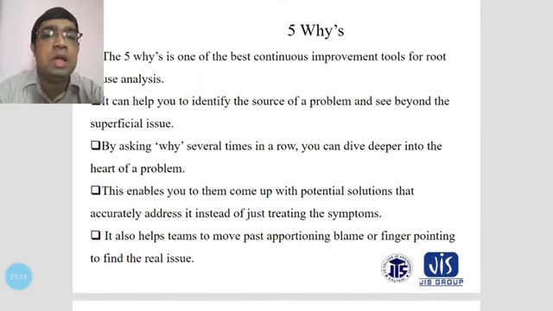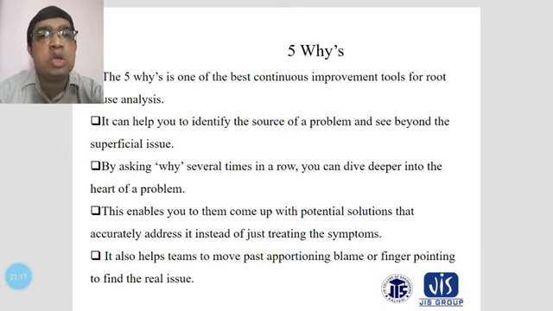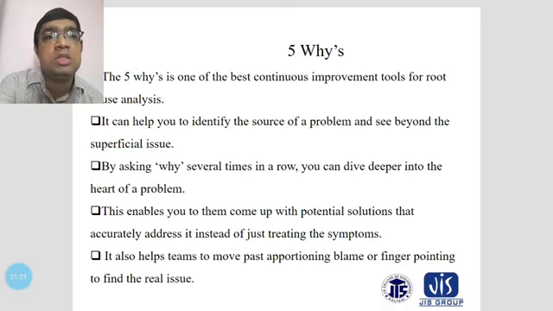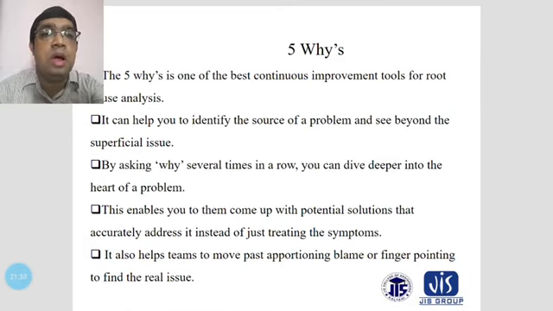Basically it helps solve the problem, and it identifies the source of the problem, where the problem arises, and how the problem comes about in our company, in our production units. It will quickly identify these problems, and also see beyond the superficial issues.